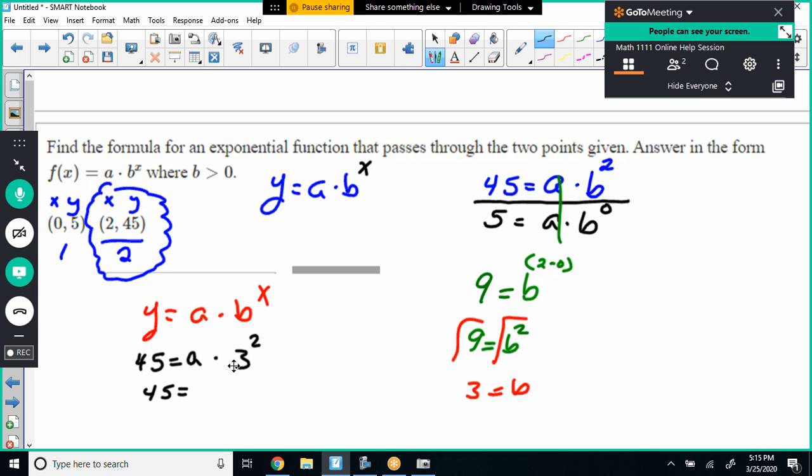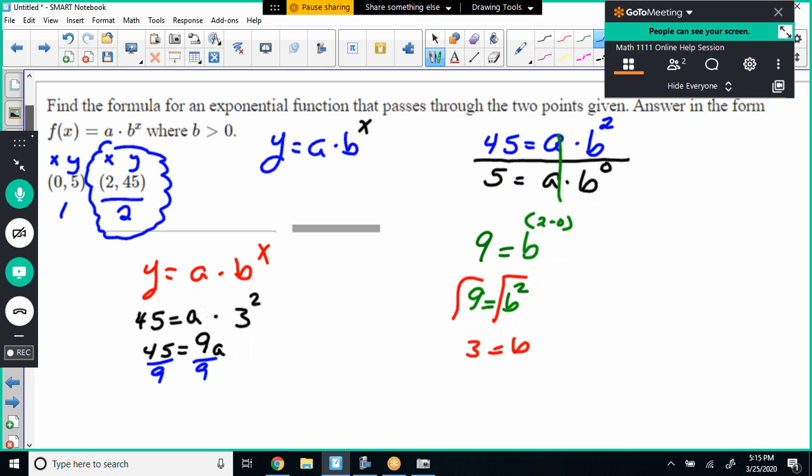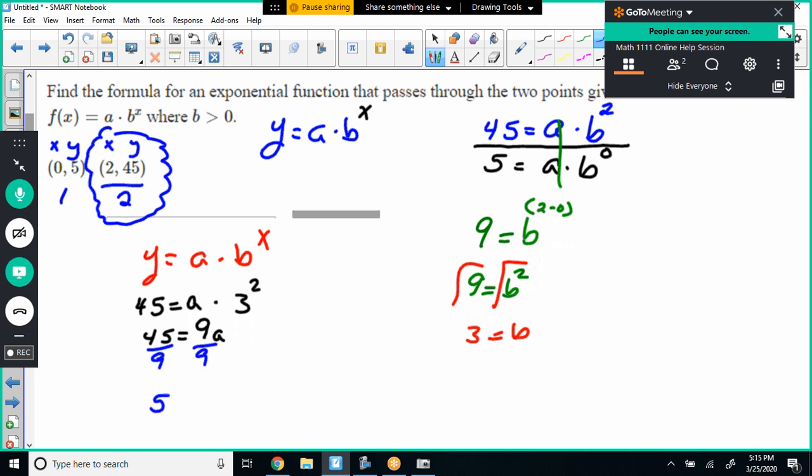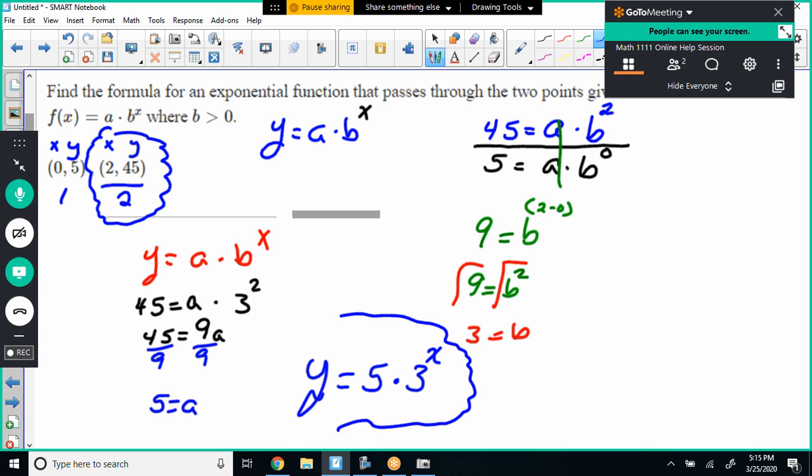Well, 3 squared is 9, so that gives me 9A, and I'll divide by 9. So I get 5 equal to A. So my equation will be 5 times 3 raised to the X. That's the equation from these 2 points.